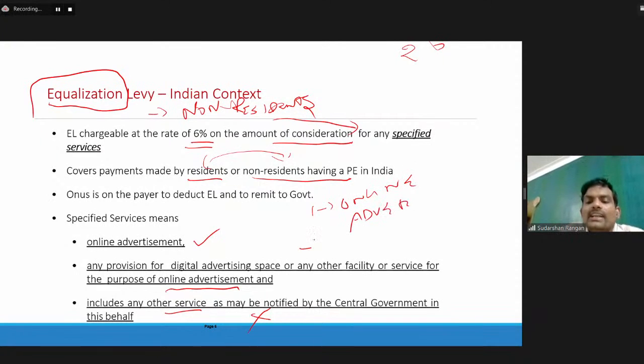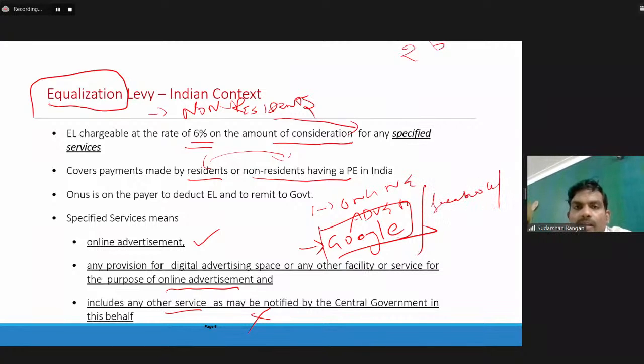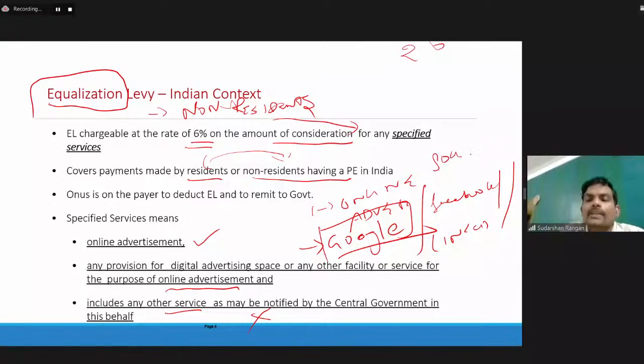Very clearly they are targeting Google, or Facebook, or advertisements in LinkedIn. So basically the social media companies where I go and do an online advertisement.